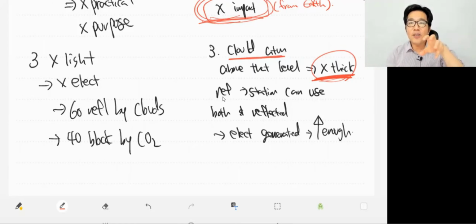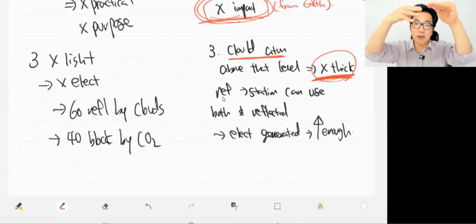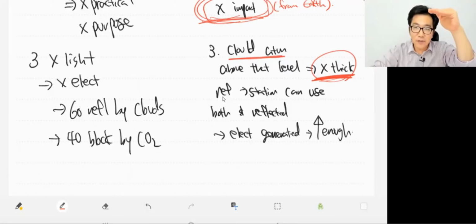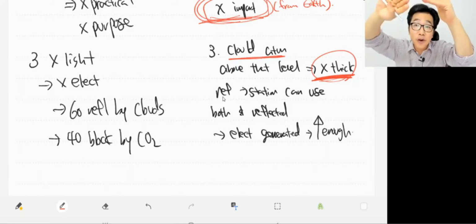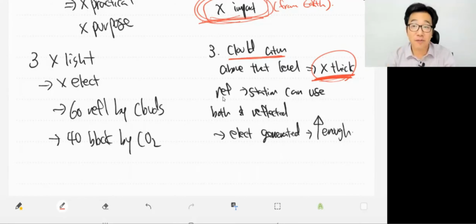But if your station is located in the atmosphere, then if the light is reflected from the surface back into the atmosphere, you can actually get some of that.